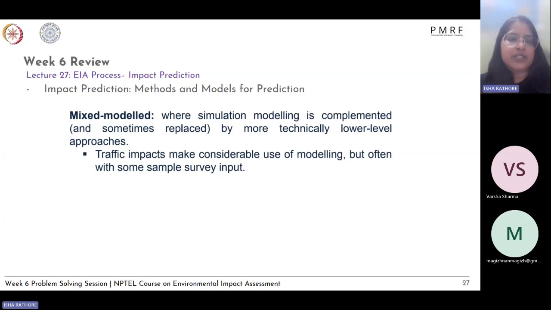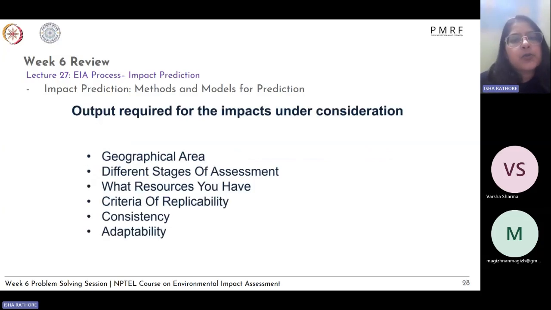So that is an example of a mixed model impact prediction method. Okay, then outputs which are required for impacts under consideration. So you have the geographical areas, different stages of assessment, what resource you have, what is the criteria of replicability, what is the consistency or accuracy required, and what is the adaptability of the impact.